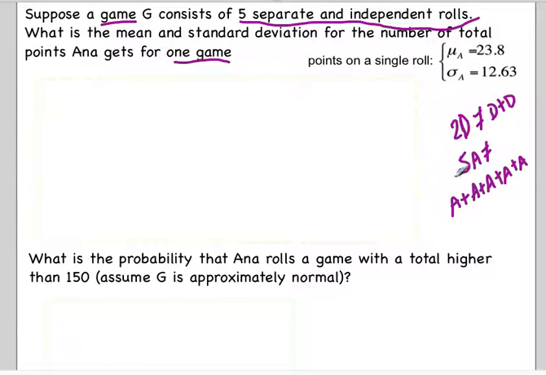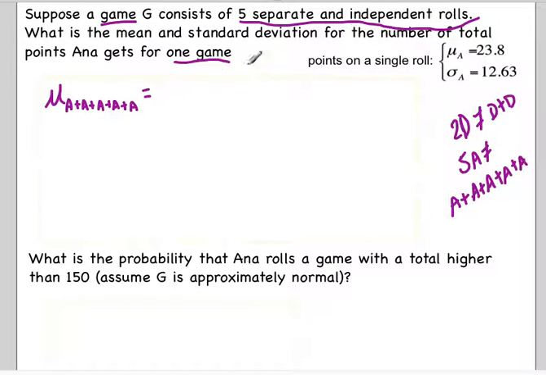So what I'm trying to get at is, a game consists of 5 separate rolls. And if we're going to find the average for a game, we have to do 5 separate rolls.